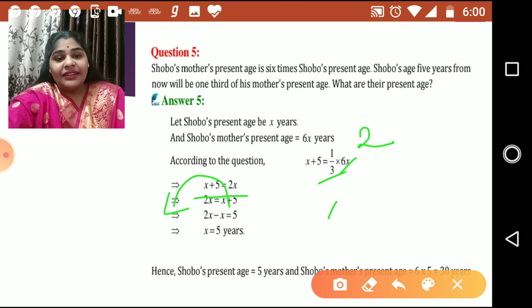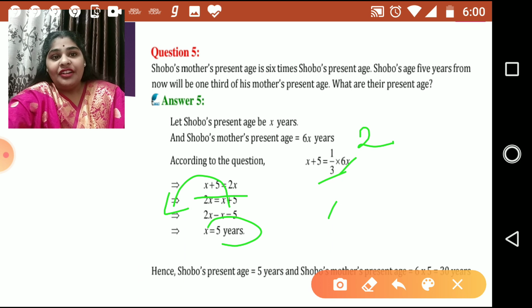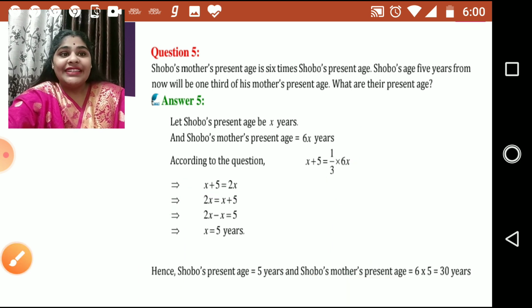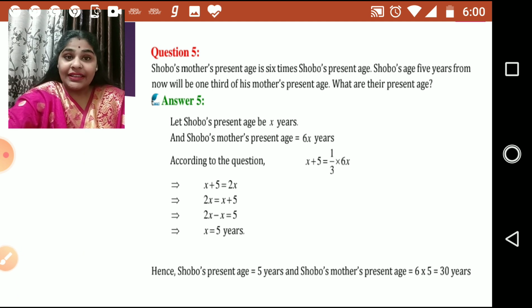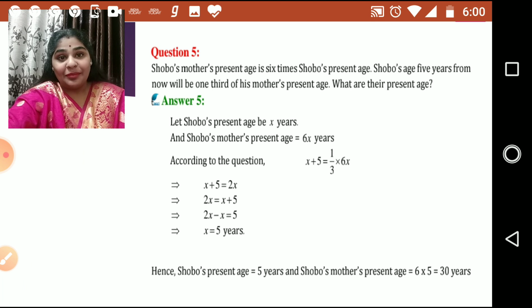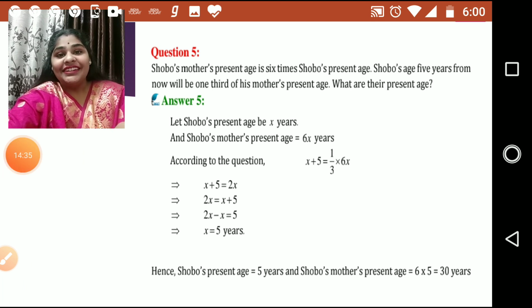So 2x minus x will be x, and x is equal to nothing but 5 years. Now what is their present age? So the present age of Shobo is x, that is nothing but 5 years, and mother's is 6x, that is 6 into 5 is nothing but, yes, 30 years.